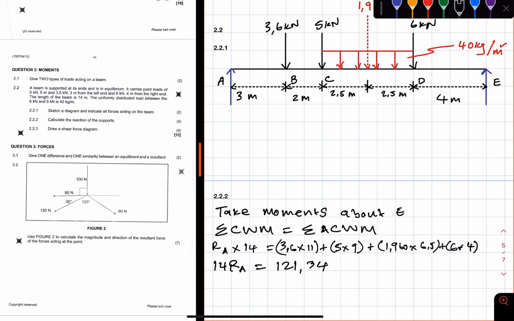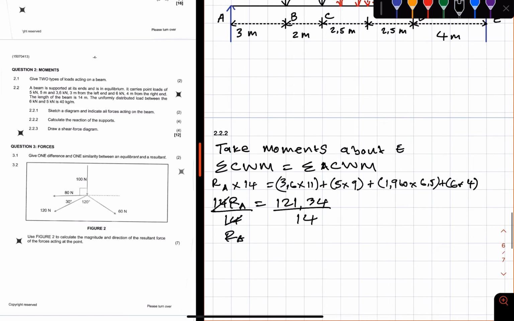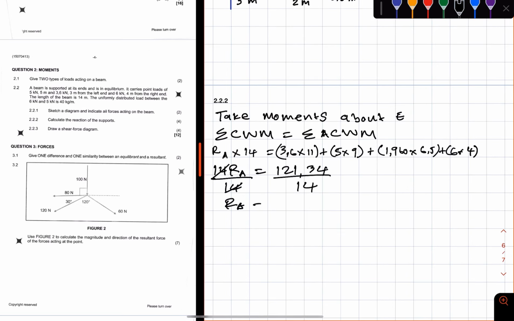And because we're looking for RA, we want to make RA the subject, so we divide by 14 both sides. RA is equal to 8.667 kilonewtons. Always remember to round off your numbers to 3 decimal places, right?